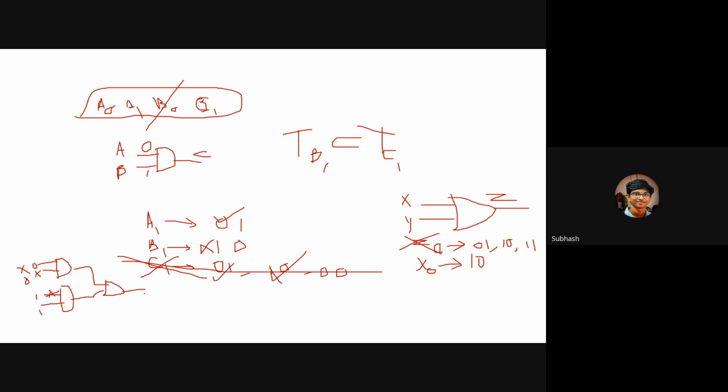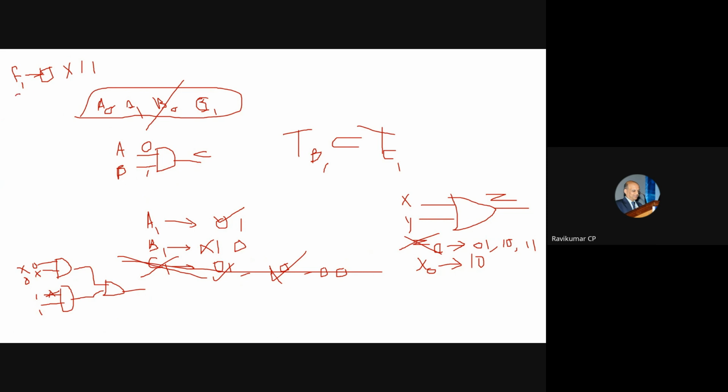But what happens is, suppose you have several faults. Let us say for fault F1, you have selected 0x11.